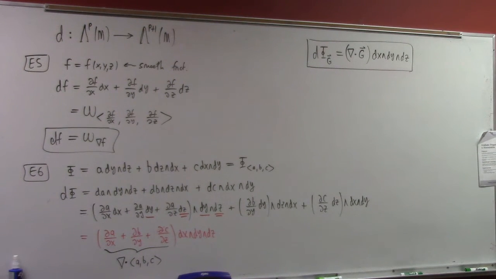What else could we say? So let's suppose we have alpha and beta, gamma, differential forms, and f a function.